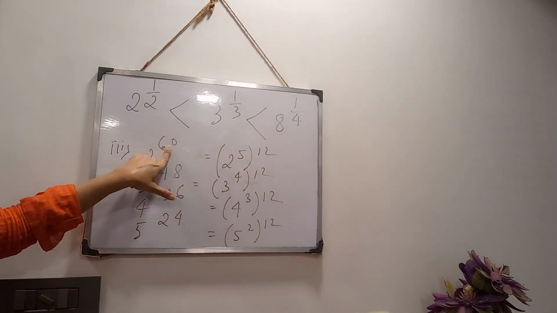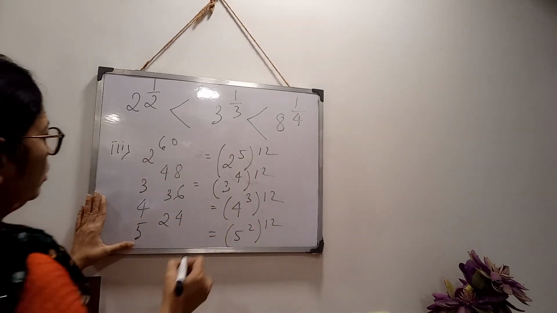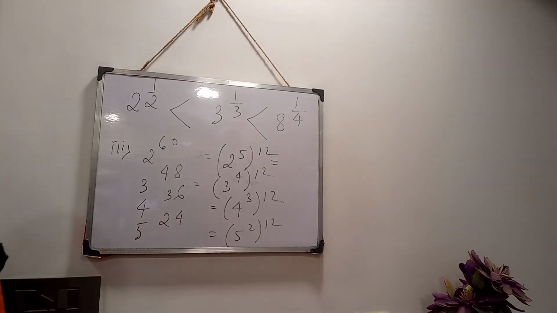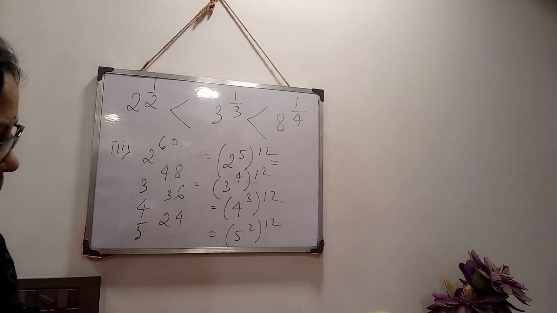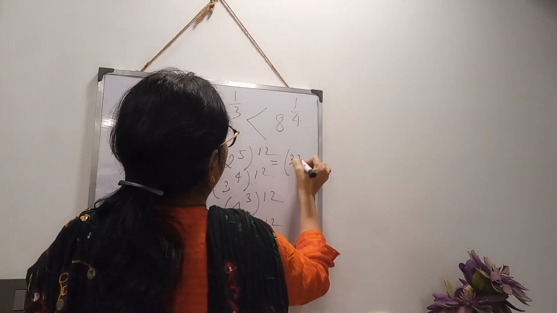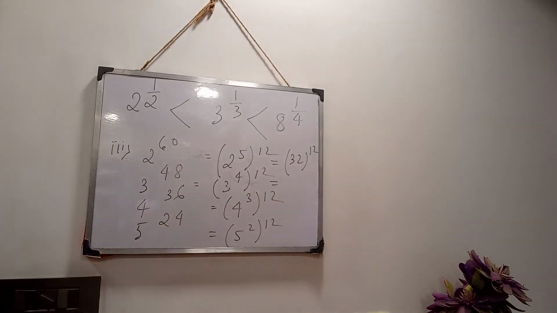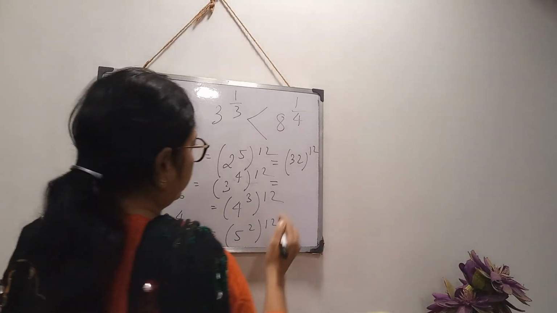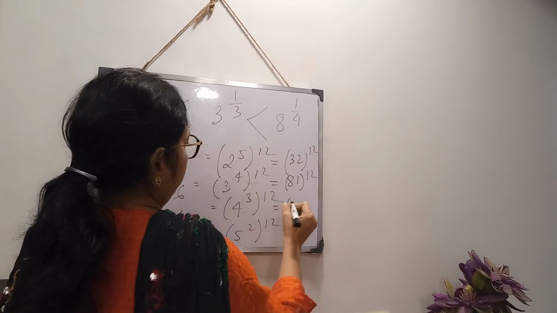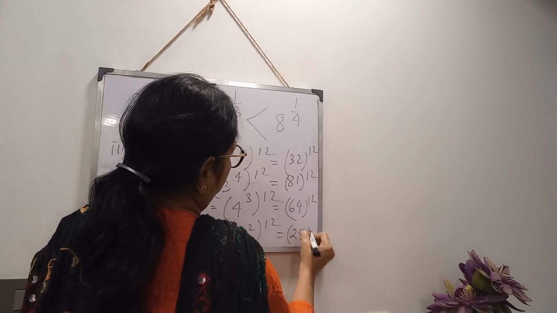Now 2 to the power 5 means 32. 32 to the power 12. And 3 to the power 4 means 81. 81 to the power 12. Then 64 to the power 12 and 25 to the power 12.